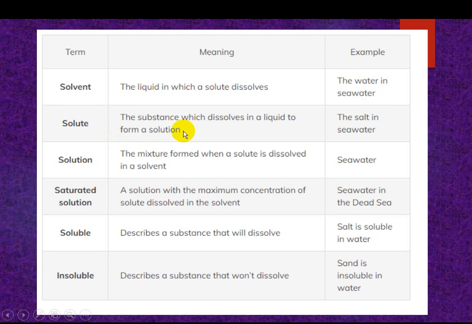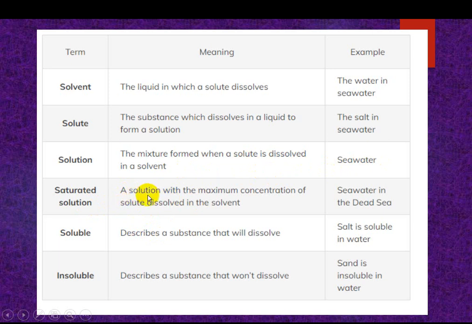And the solute is the substance which dissolves in a liquid to form a solution, so in seawater, salt is the solute. Solution is the mixture formed when a solute is dissolved in a solvent. The seawater is the solution.